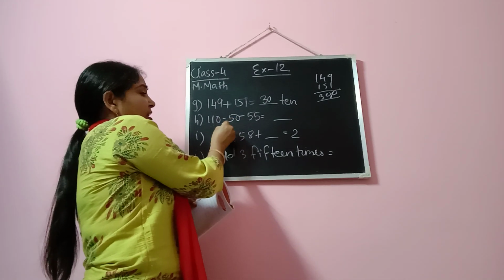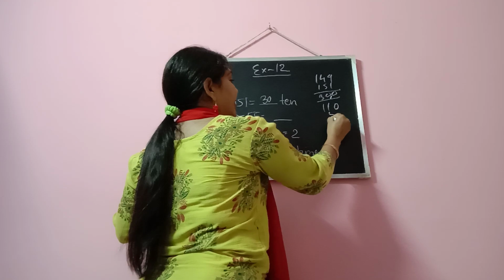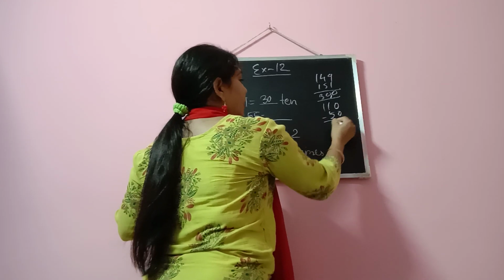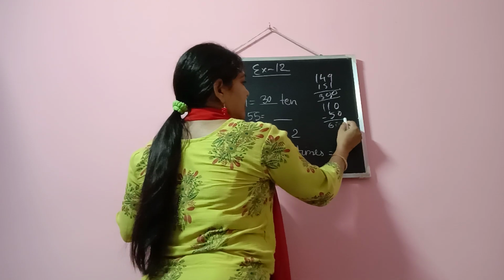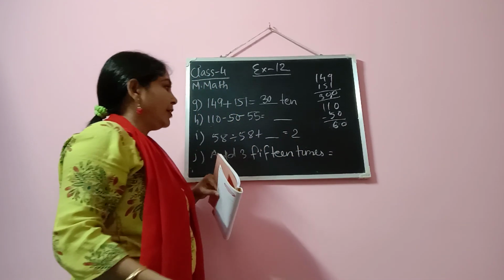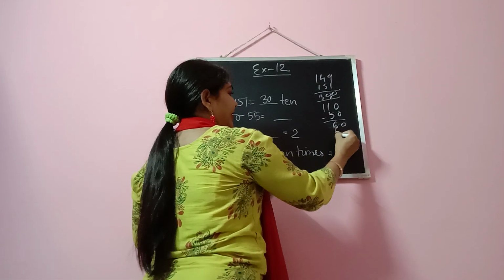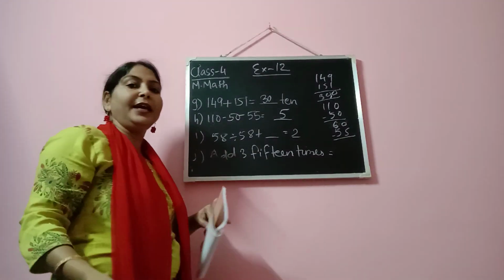First from 110 we will subtract 50. What comes? 60 comes. Then from 60 when you subtract 55, what comes? 5. So your answer will be 5.